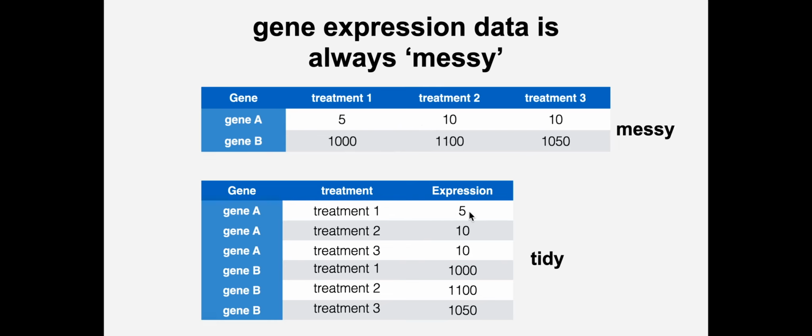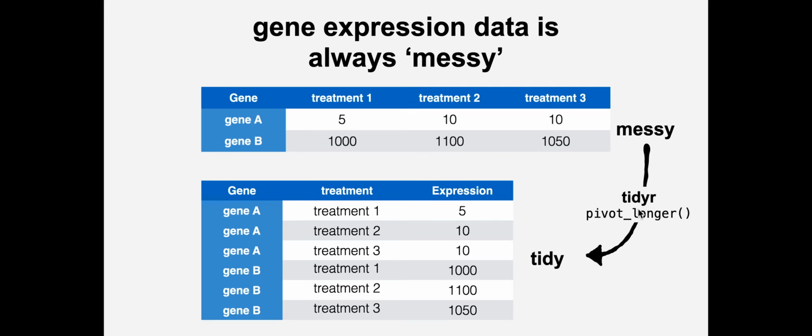Gene A, treatment 1, expression level X. Gene A, treatment 2, expression level Y. So that's tidy data. And to get from messy to tidy data, we're going to use this pivot_longer function from the tidyr package. And as I said earlier in the lecture, I feel like tidyr as an R package is one of the more complex and sophisticated packages.